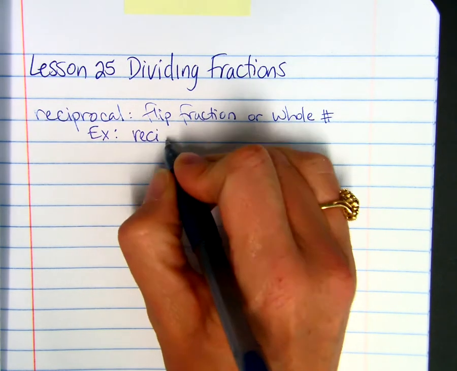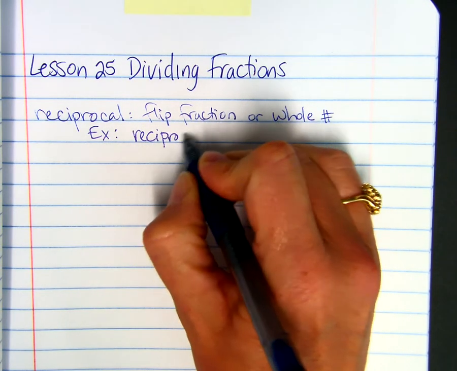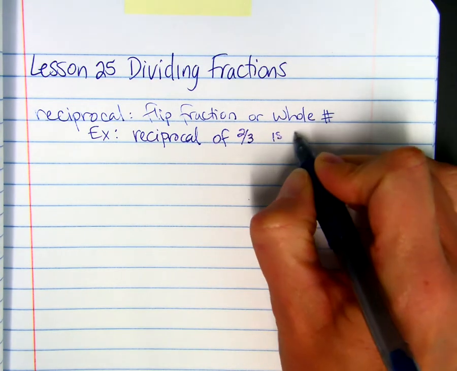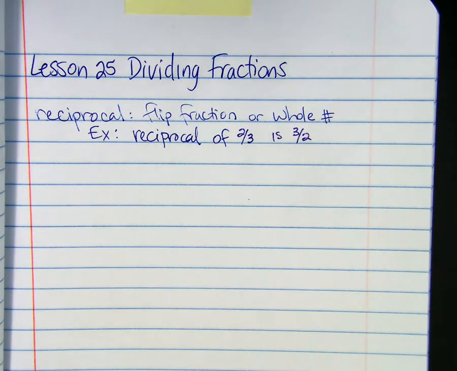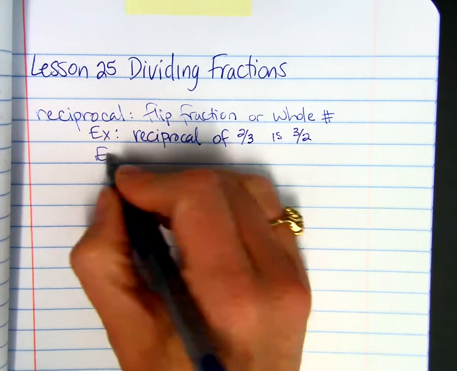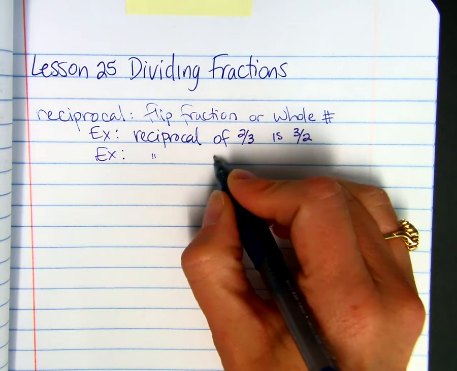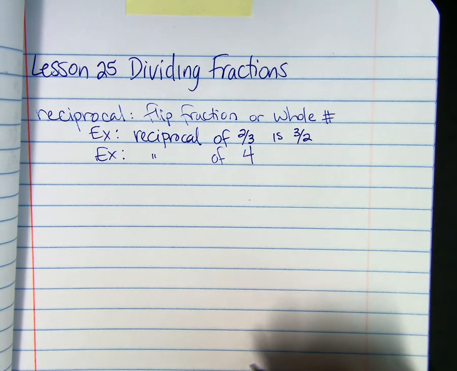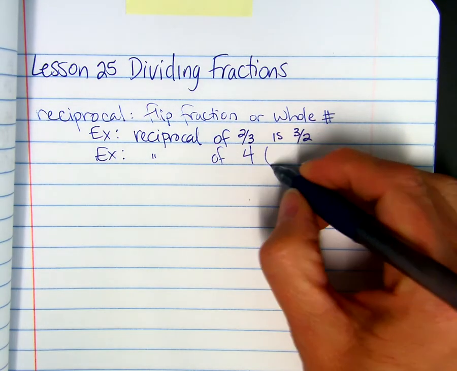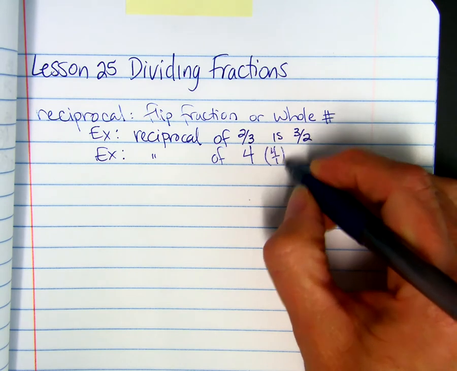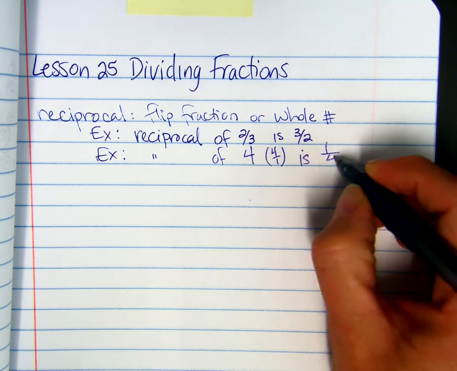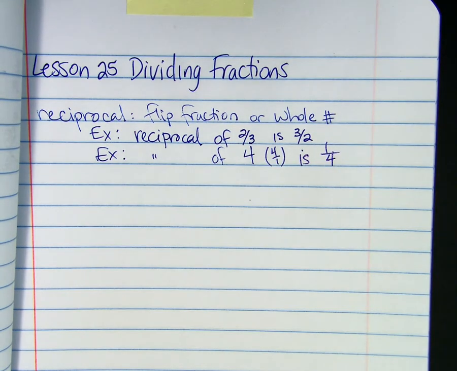So, for example, the reciprocal of 2/3 is 3/2. We just take the fraction, turn it upside down. Another example, the reciprocal of 4, and we can think of 4 as a fraction of 4/1, so that when we flip it, we get 1/4. So the reciprocal of 4 is 1/4.